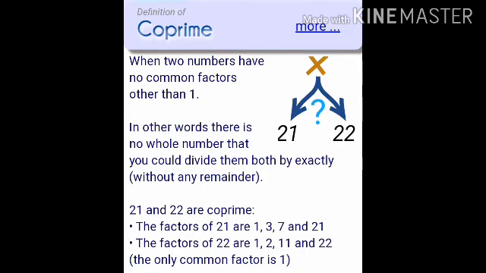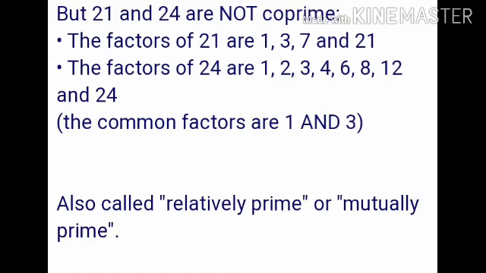From this example, we understand that any two consecutive numbers are always coprimes or relatively prime. One more example: are 21 and 24 coprimes? Solution. 21 and 24 are not coprimes because the factors of 21 are 1, 3, 7 and 21.